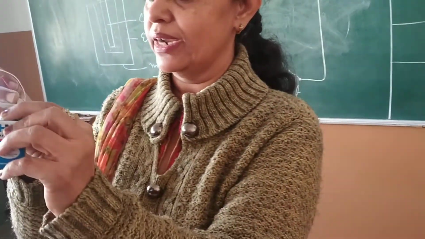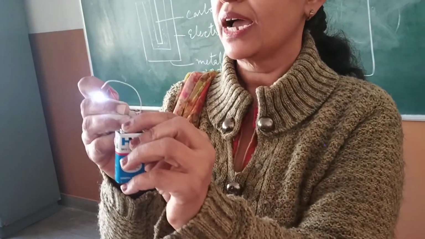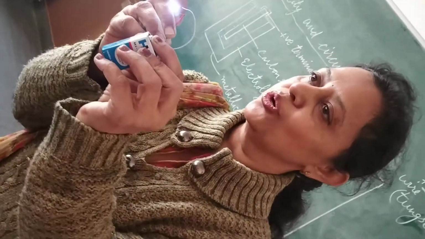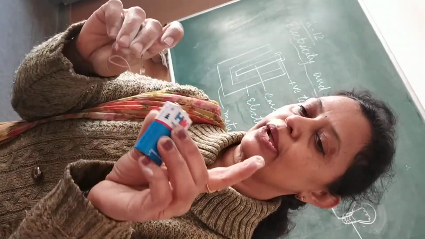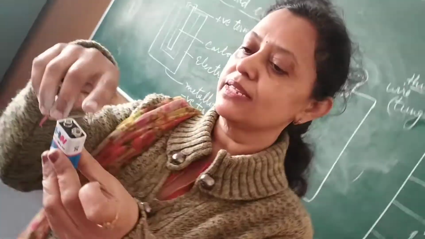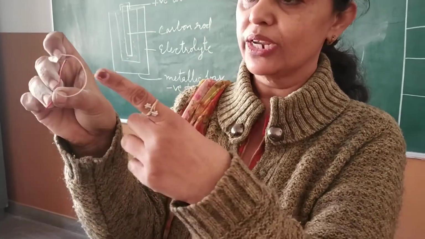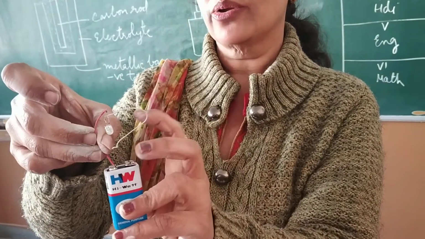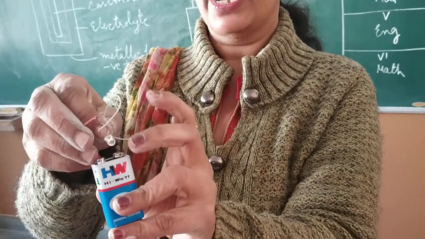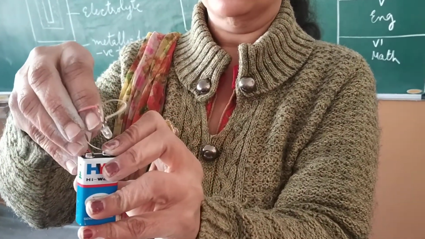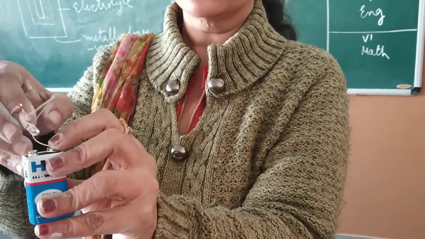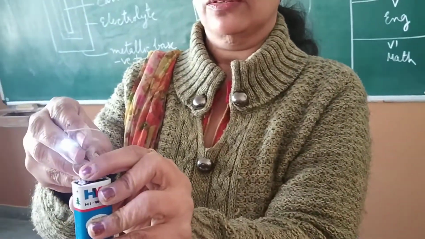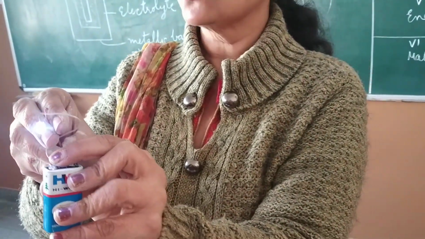Three things are required: cell or battery, a torch, cell or LED, and connecting wires. In the battery, this is the positive terminal, this is the negative terminal. Two wires are connected to the LED, and you can connect to the battery and it will start glowing. Clear? When it glows, this is working.